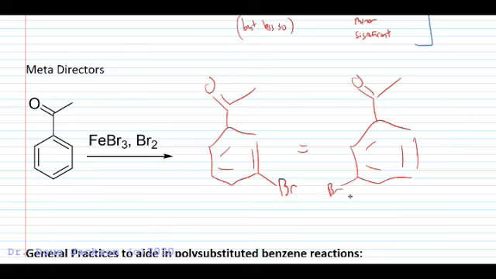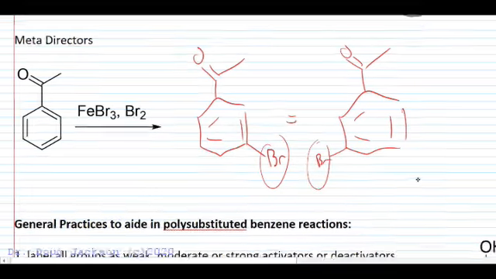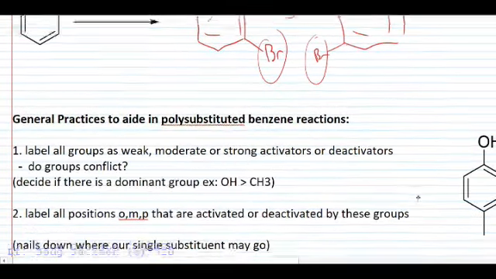They're just a 180-degree flip. We don't have to worry about chiral centers of the planar benzene ring there. So we get the same thing. And again, this product has a weak deactivator, and so it is less active than the original. We don't have to worry about multiple substitutions. So that's general directing groups when there's only one group attached.